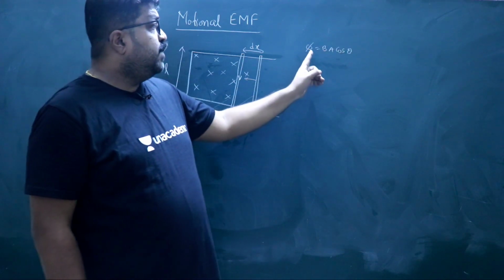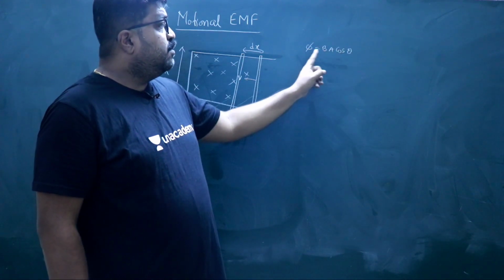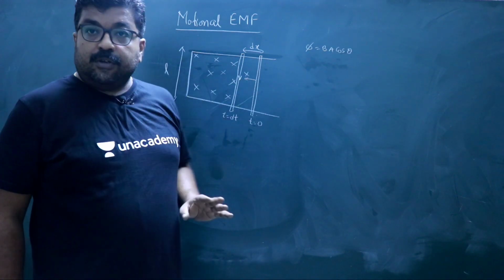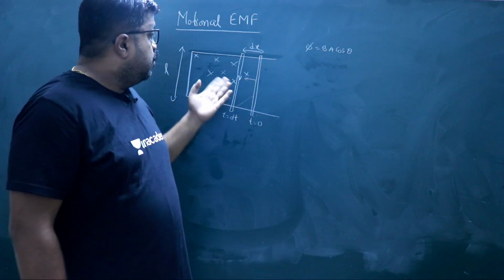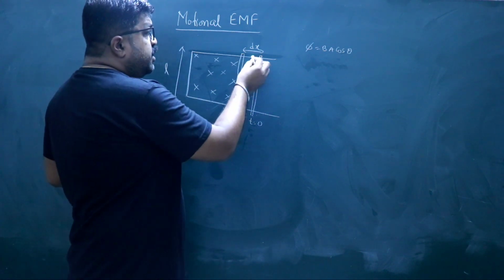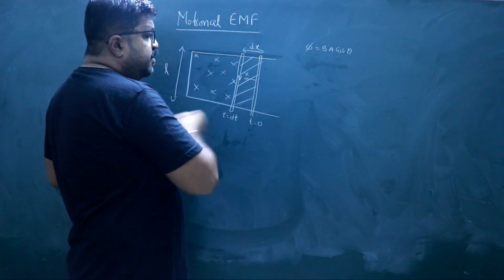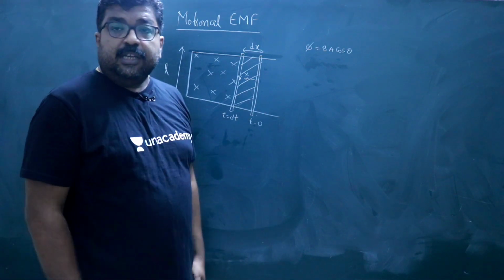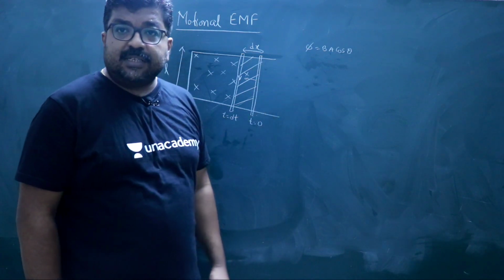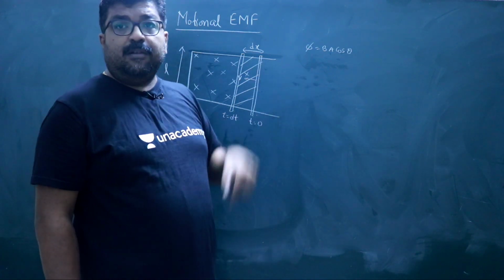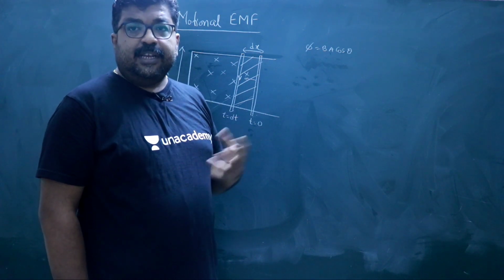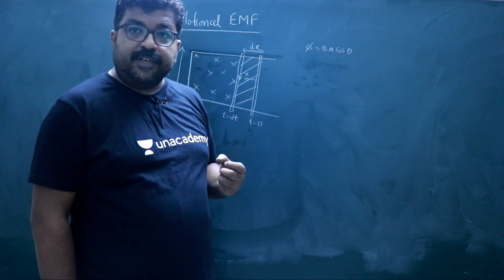So flux phi equals B A cos 0, that is phi equals B A. B is constant, B is not changing here. What is changing here? Area. Area is decreasing, and this is the decrease in area. Since there is a decrease in area, there is a change in the flux, and if there is a change in the flux, there will be induced EMF. That is the concept of electromagnetic induction and Faraday's law.